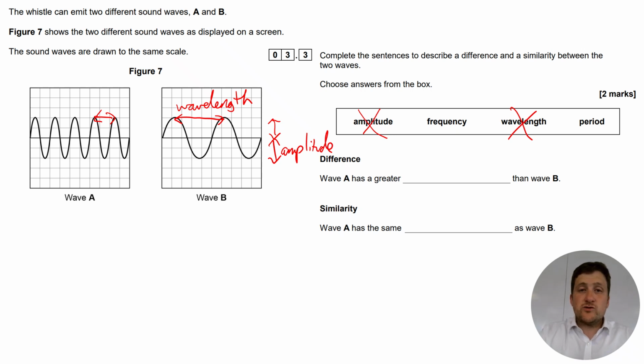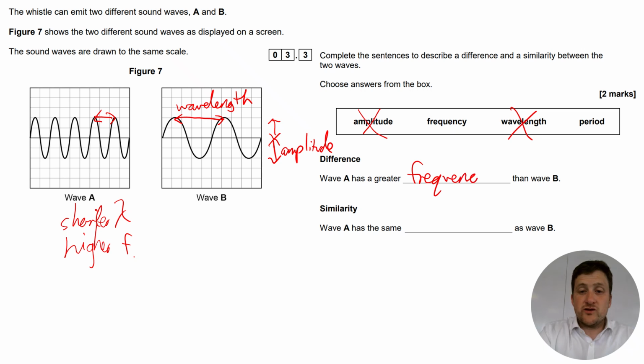So now we have a choice between frequency or period, and we've got to understand that if wave A has a shorter wavelength, that means it's going to have a higher frequency, because they go hand in hand. If one increases, the other one is going to decrease. So that's our difference.